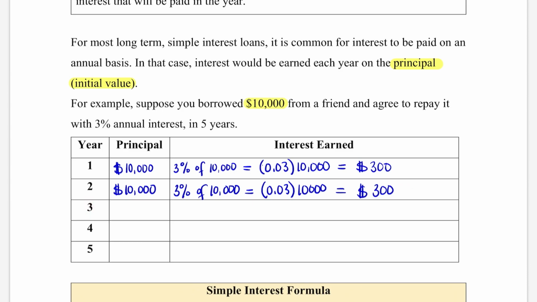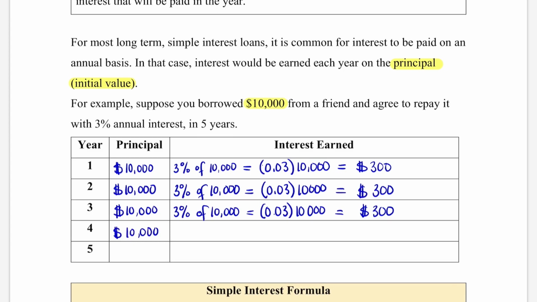For the third year, my principal stays the same. I still owe him $10,000. The interest on the third year is still 3% of $10,000, which is 0.03 times $10,000, which is also $300. On the fourth year, I still owe him $10,000.